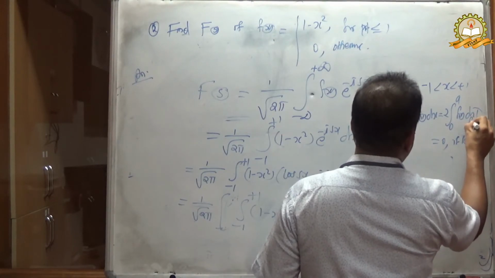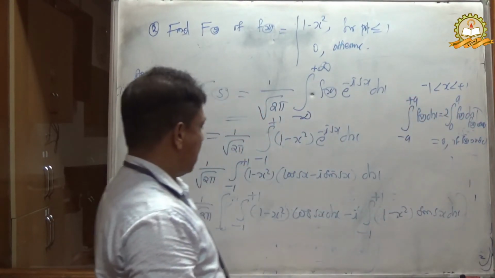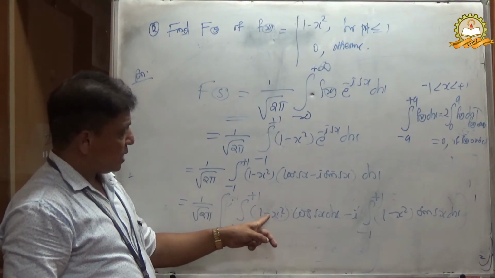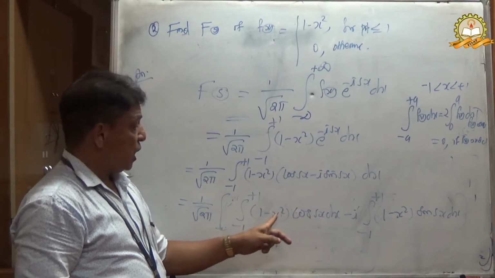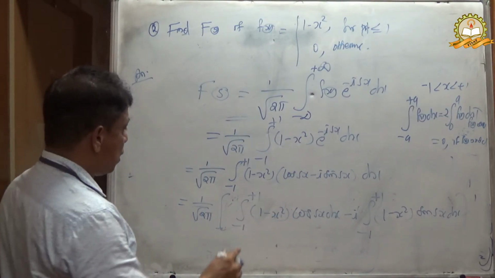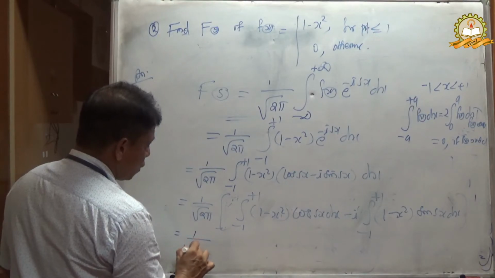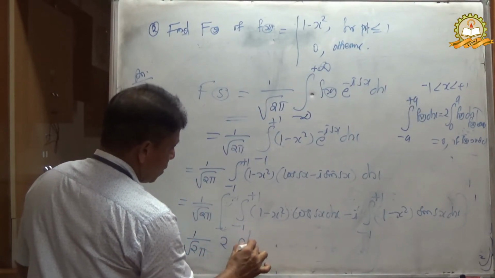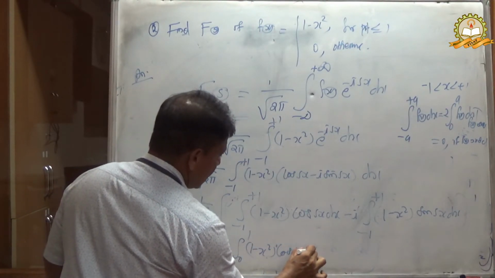Here 1 minus x square is always even, and cos sx is always even. Even into even is always even. Therefore, the first part is an even function, so we get 1 by root of 2 pi, 2 times the integral from 0 to 1 of 1 minus x square cos sx dx.